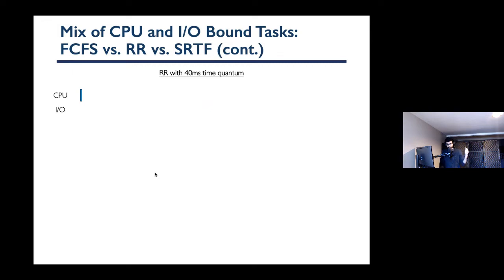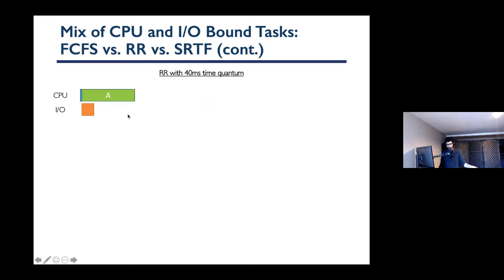Let's assume that C is first, then A, and then B. Let's say that's the initial order in our queue. So C is going to run for 1 millisecond. It doesn't need its entire 40 milliseconds, because its CPU burst is only 1. Then right after that, it goes for I/O for 9 milliseconds.